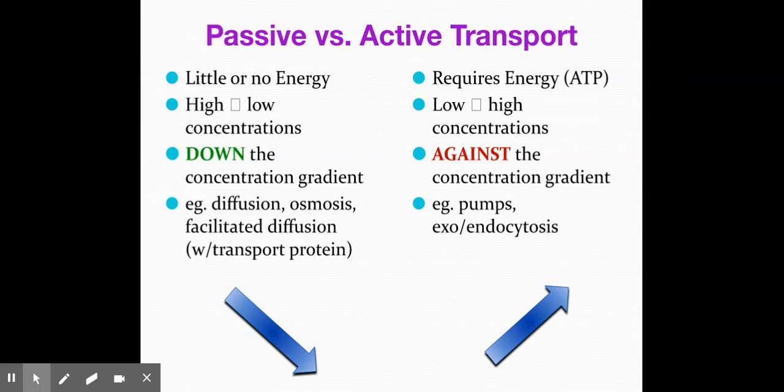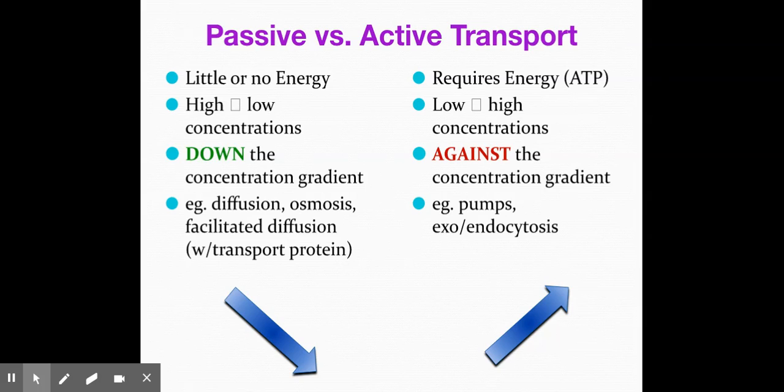Some differences, again, to summarize between active and passive transport. Passive is going to require little to basically zero energy. It goes down the concentration gradient, which means from high to low. These are things like diffusion and osmosis, as well as facilitated diffusion, and could potentially involve transport proteins.